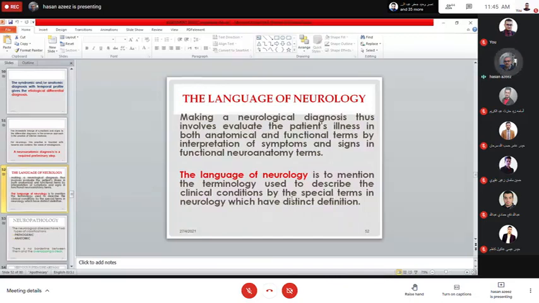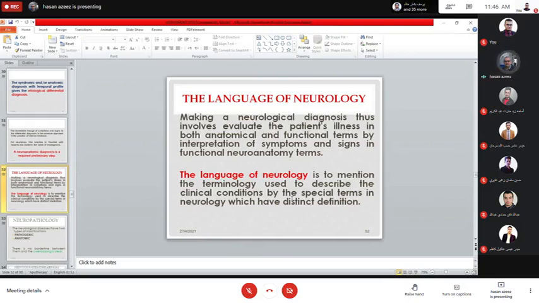The language of neurology. What I mean by language is not really a special language, but the terminology used and what is referred to. When I say paraplegia, you should know what paraplegia refers to and what hint it gives for localization.